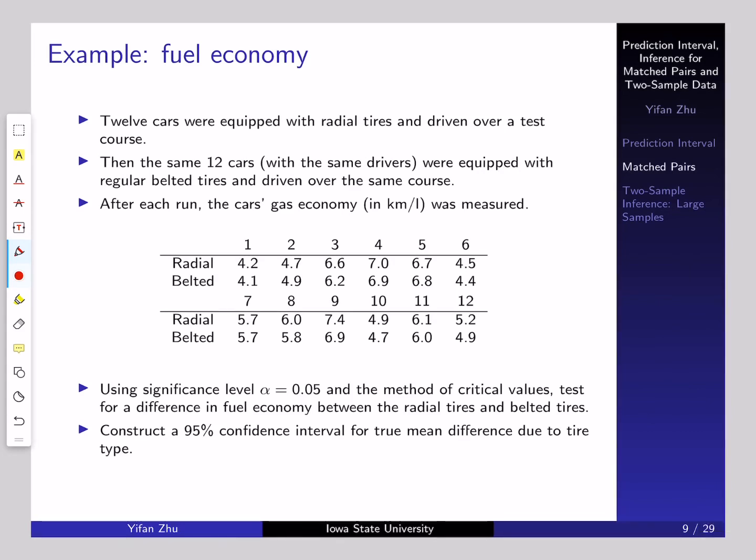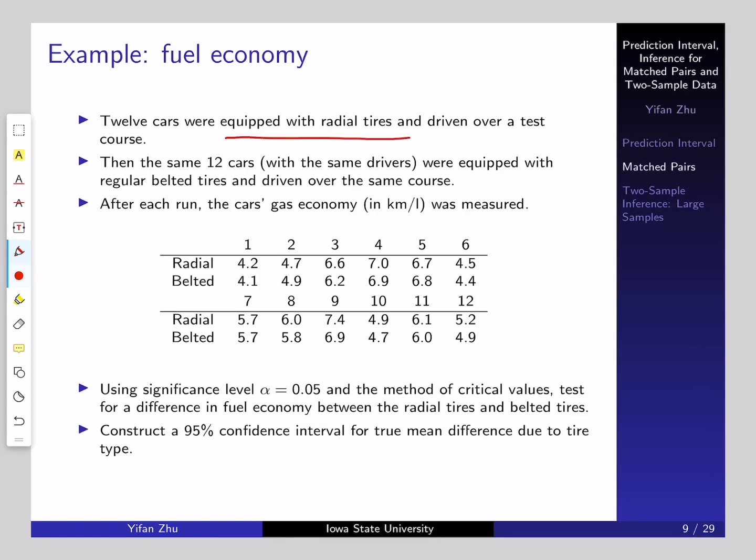Okay, so let's see an example. This is an experiment comparing the fuel economy using two different types of tires. We have 12 cars.